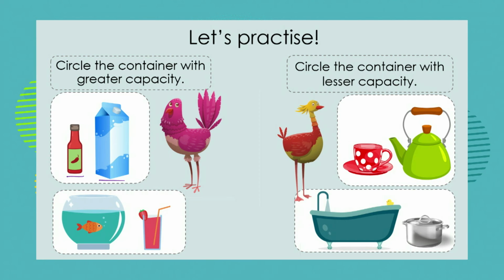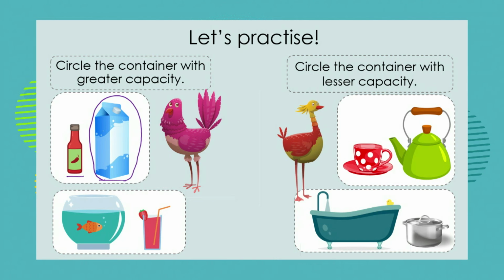Very good. It will be the milk bottle, because the milk bottle can hold more liquid than the hot sauce bottle. So we can say that the hot sauce bottle can hold the least amount of liquid and has a lesser capacity.